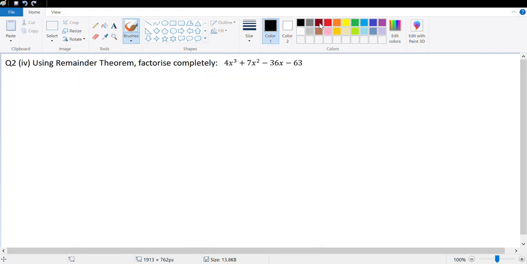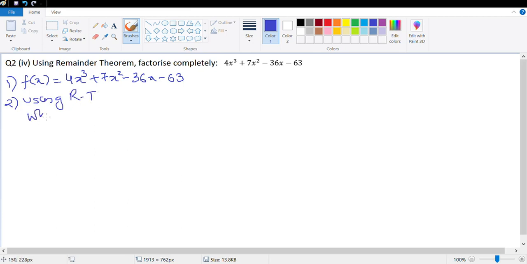The next question that we do is question number 2, part 4. It says using remainder theorem, factorize completely. Okay, f of x is equal to 4x cubed plus 7x square minus 36x minus 63. So using remainder theorem, when x is equal to 3, let's figure out the value of the remainder.